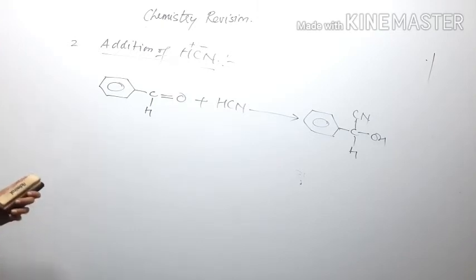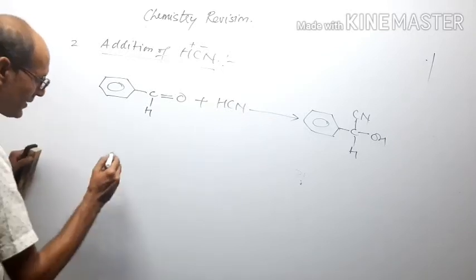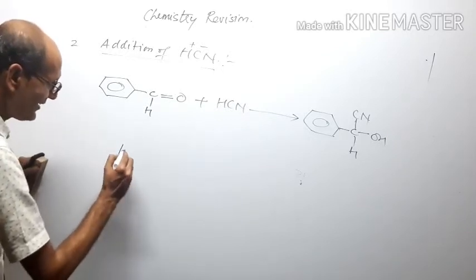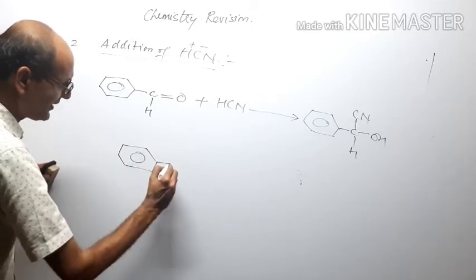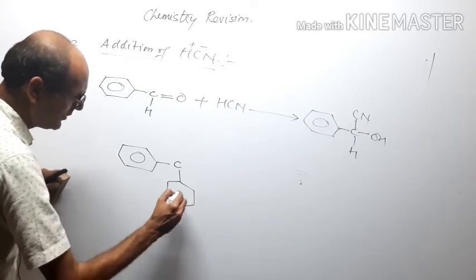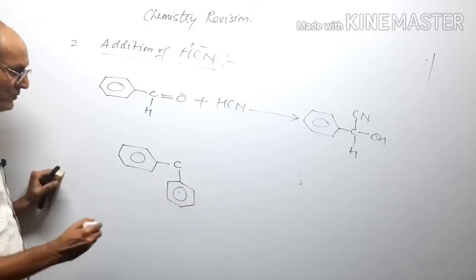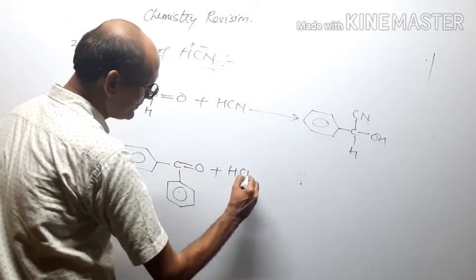This is the addition reaction of benzaldehyde and HCN. Now moving towards the addition reaction of benzophenone. This is an example of a ketone group, ring single bond C, single bond ring. Both sides you are taking a phenyl ring, double bond O plus HCN.